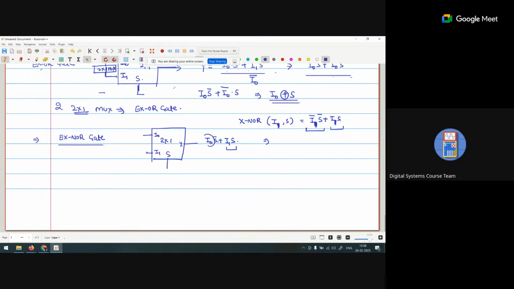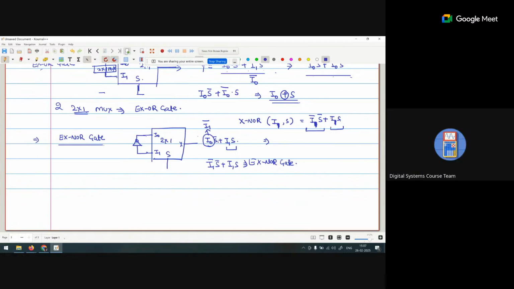So if I replace this I naught with a NOT gate, saying that this I naught is nothing but I1 bar, the equation becomes I1 bar S bar plus I1 S. That is the XNOR gate. So we can create a particular gate also.